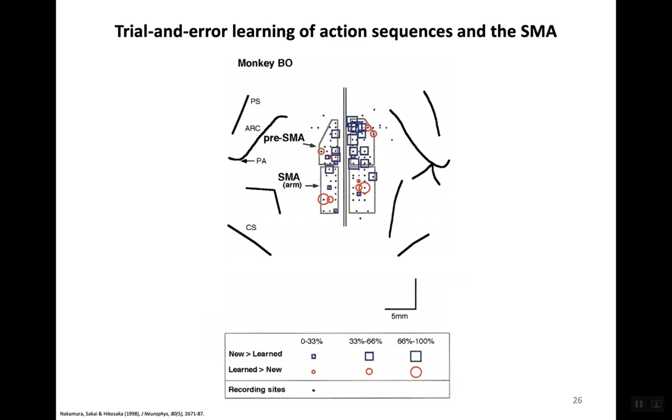And there are also quite a few discrepancies in the findings of animal researchers relative to people who've been looking at the function of the SMA in humans. And we're not going to have a lot of time to go into that today, but to conclude, there's plenty of work that still remains to be done to fully understand what role SMA plays in motor control and to disentangle between the many hypotheses that have been suggested in regard to its function.